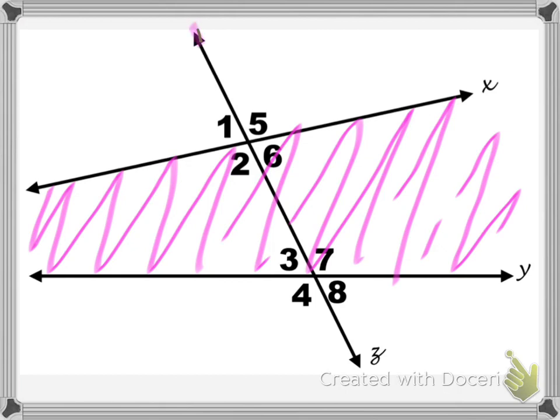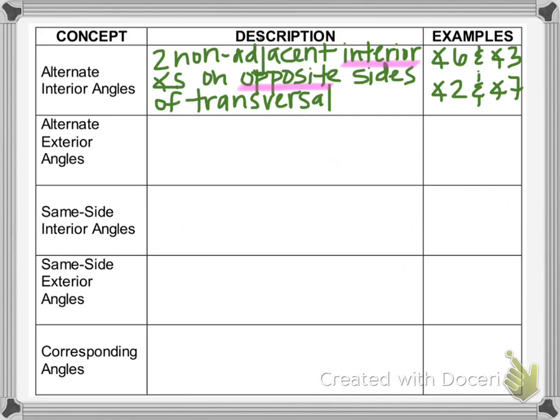So remember, here's our transversal. So we've got actually 2 pairs of alternate interior angles. Angle 6 and angle 3 are one pair. And then we have angle 2 and angle 7, that's another pair. So angles 6 and 3 and angles 2 and 7. So go ahead and add those to your examples.